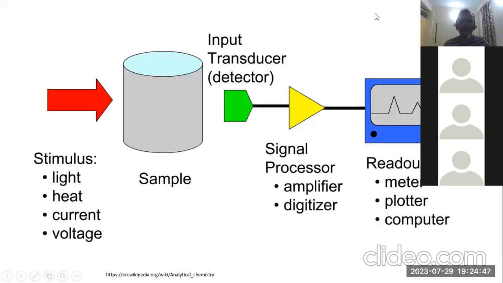Here we are going to discuss the basic principles of the instruments which are used in analytical chemistry. In analytical chemistry, different types of instruments are used, which are called spectrometers, like atomic absorption spectrometer, atomic emission spectrometer, then UV spectrometer.